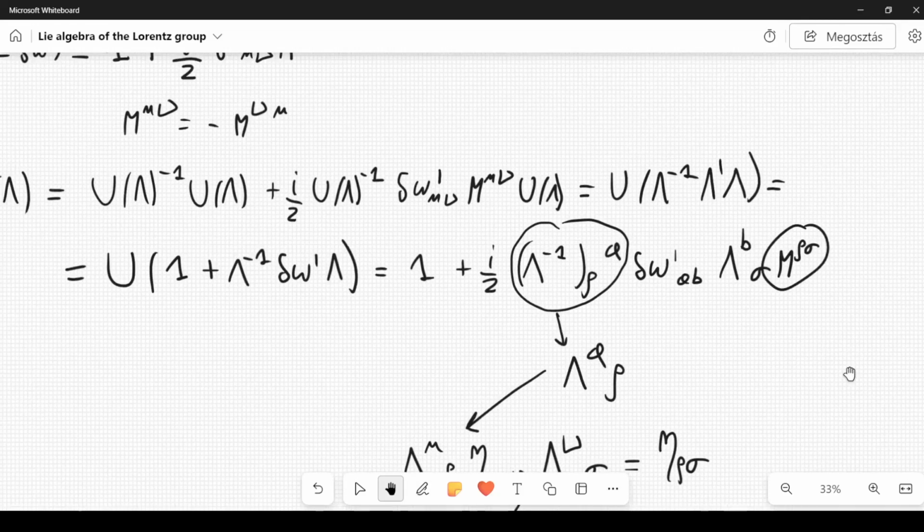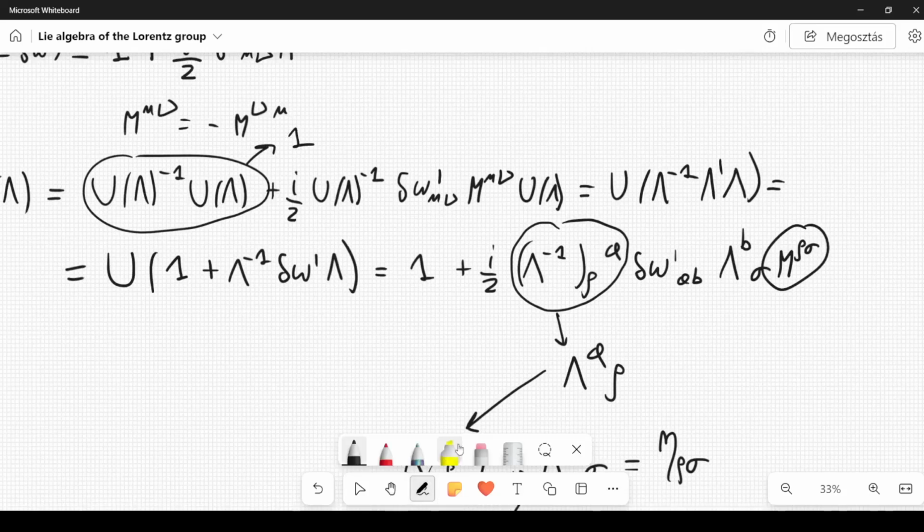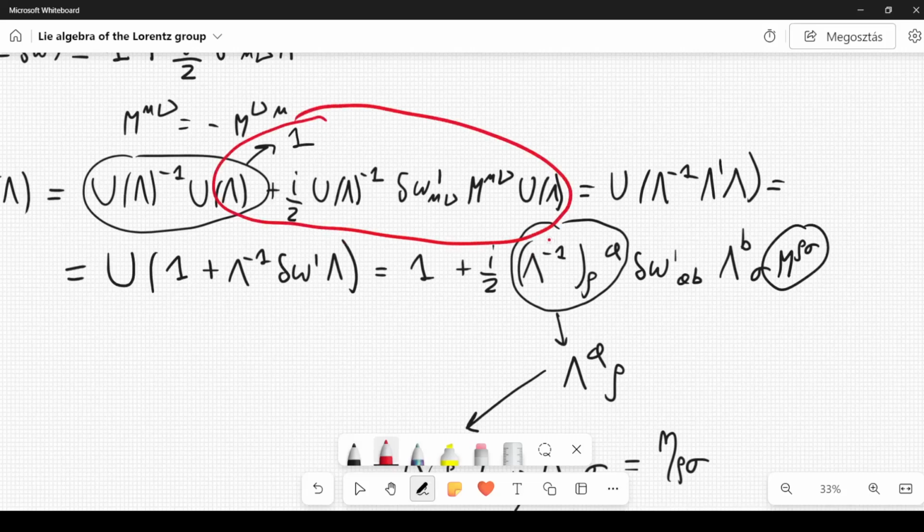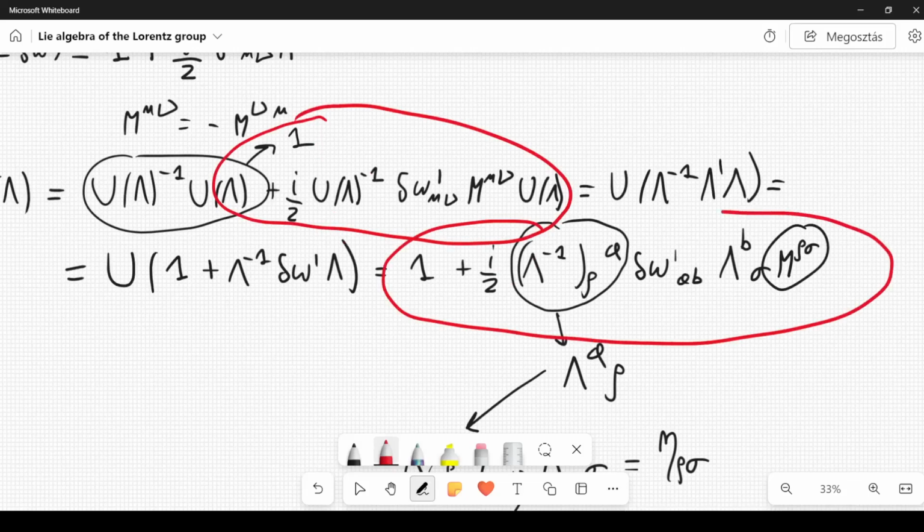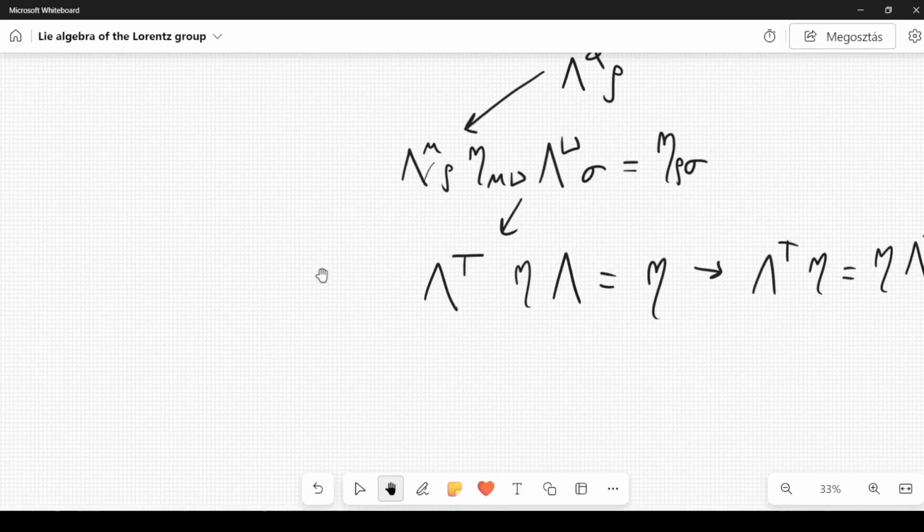Now notice that in here we have U of lambda inverse U of lambda, which is of course equal to the identity operator, and now we can equate, so this must be equal to this. And if you set them equal to each other, what you get is the following expression.